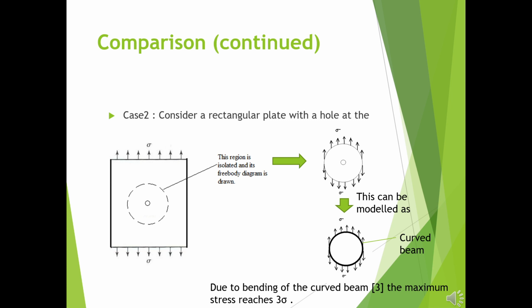So what was earlier a tensile problem in case 1 has now become a bending problem. The load transfer is through bending near the hole region. We had seen earlier that when a tensile load gets changed to a bending load, the stress increases multiple times. That is what happens here, and the maximum stress reaches 3 sigma.